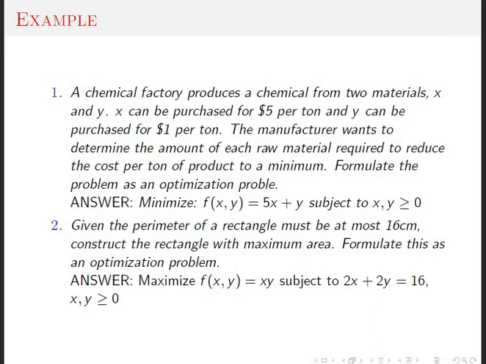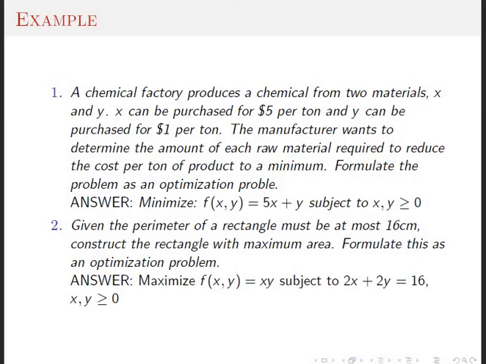Formulate the problem as an optimization problem. Here, the objective is to minimize the cost per ton. Hence, it is expressed as minimize f of x,y equal to 5x plus y. Since x and y are amounts of materials, they must be positive values.